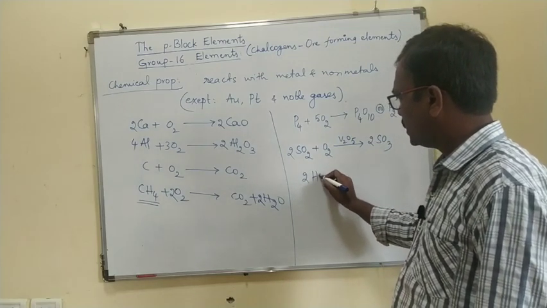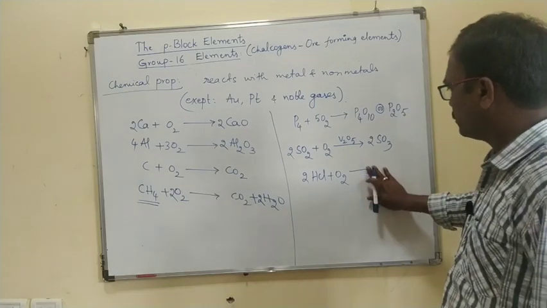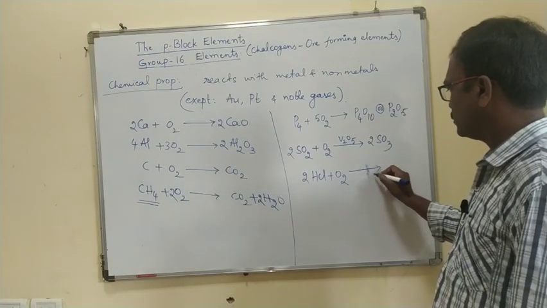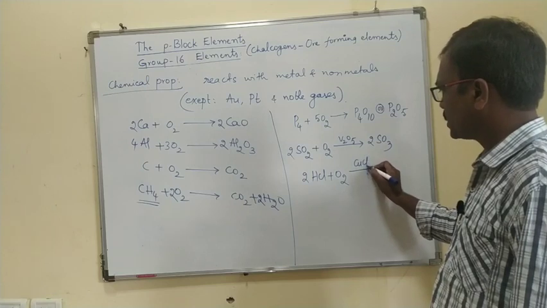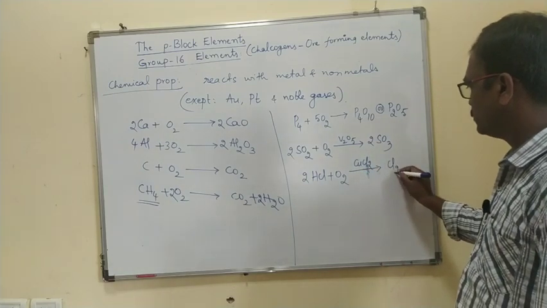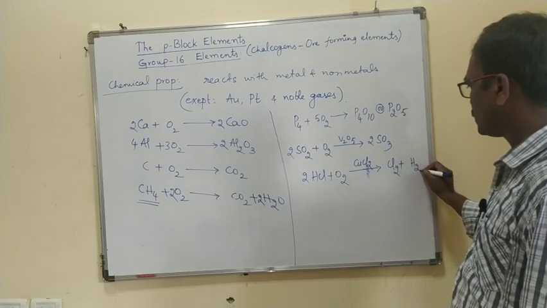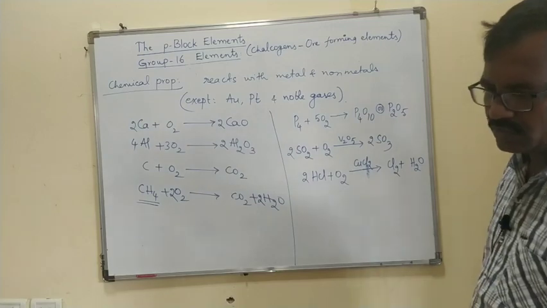HCl plus oxygen is the chlorine preparation. In the presence of cupric chloride, CuCl2, it forms Cl2 plus H2O.